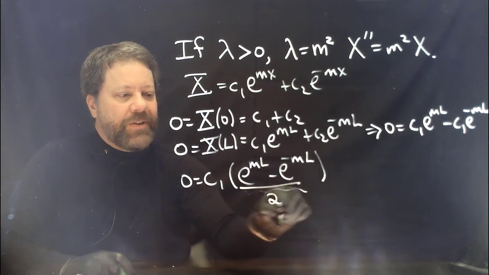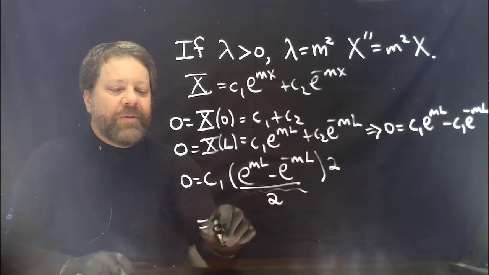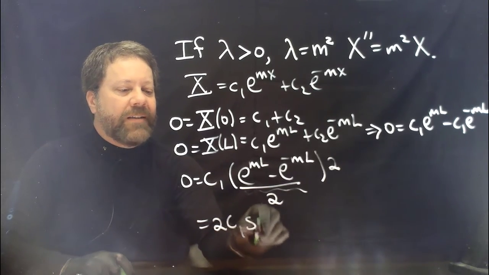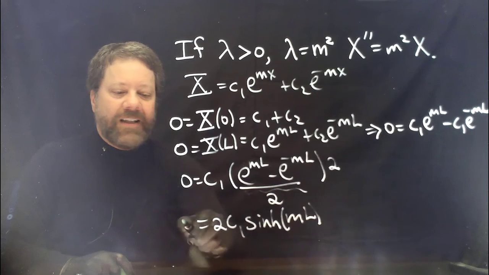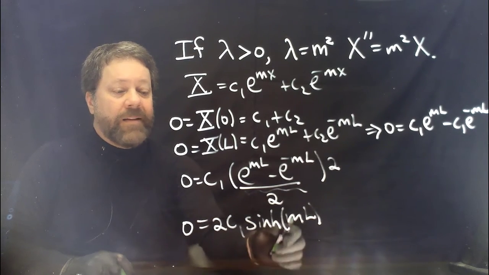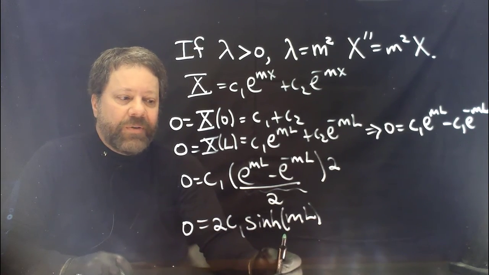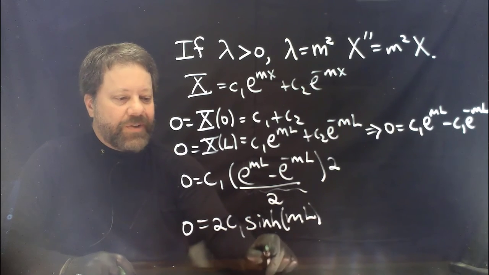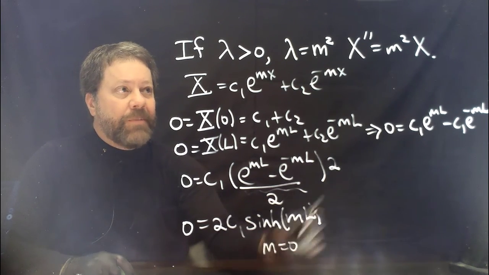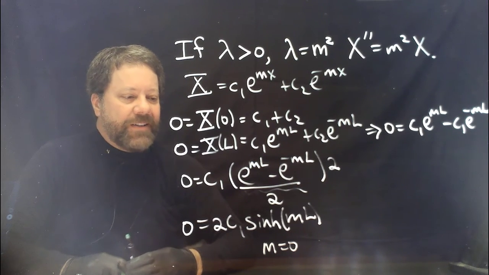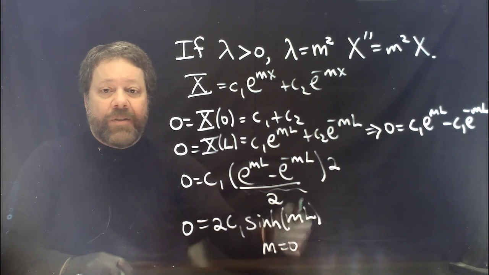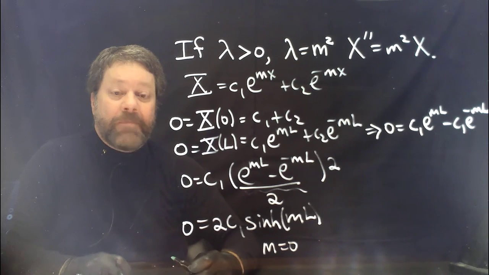If we divide by 2 and multiply by 2, we'll have twice c1 times the hyperbolic sine of mL equals 0. The hyperbolic sine equals 0 only when the argument is 0, so this will only work provided m is 0, but we've assumed m is not 0. M is positive. Or L is 0, but we're assuming that the string has a positive length.